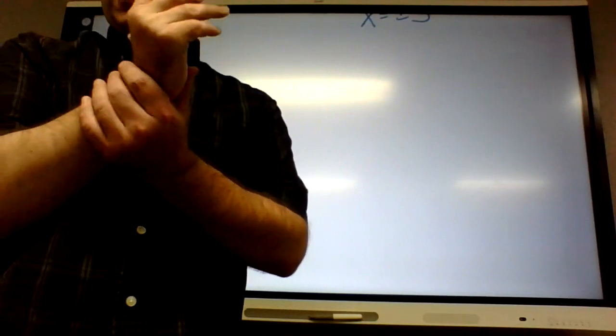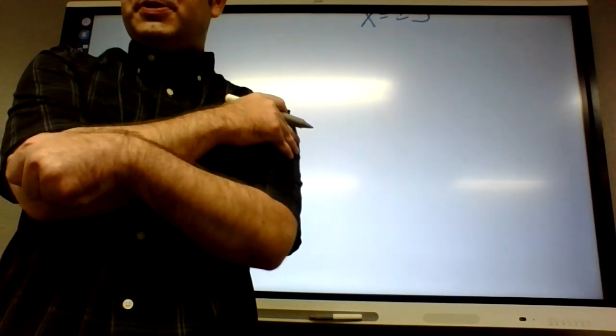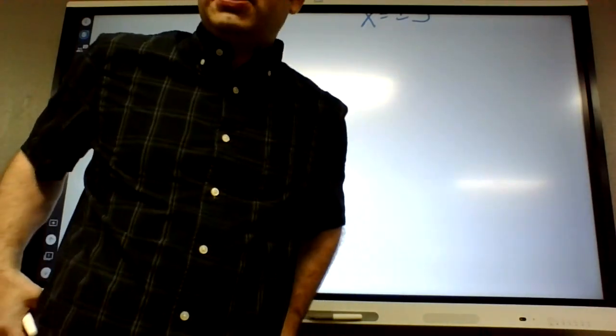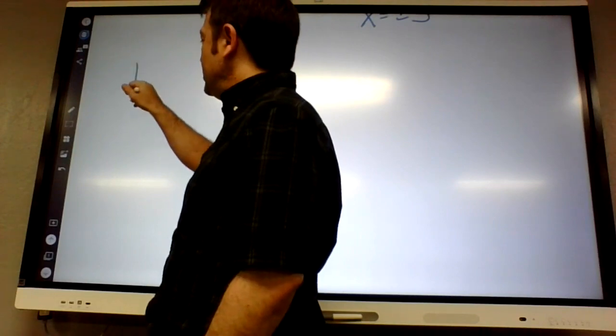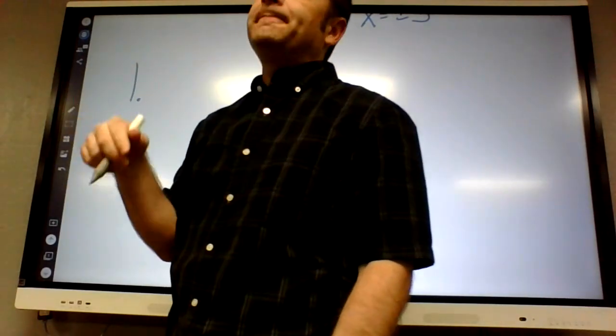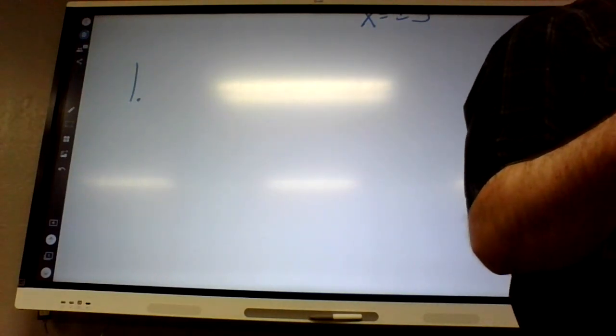All right, number 1, it says interpret absolute value of x equals 6 in terms of distance and then graph the solution set. So what does absolute value of x equals 6 mean, as a distance thing? It means that x has to be 6 units from 0.